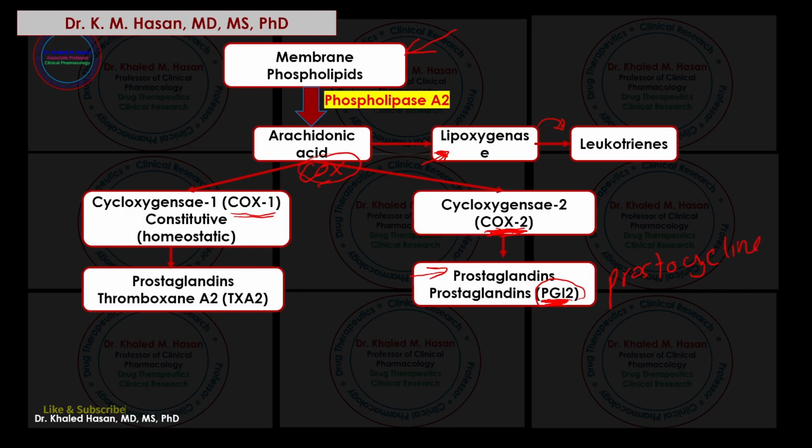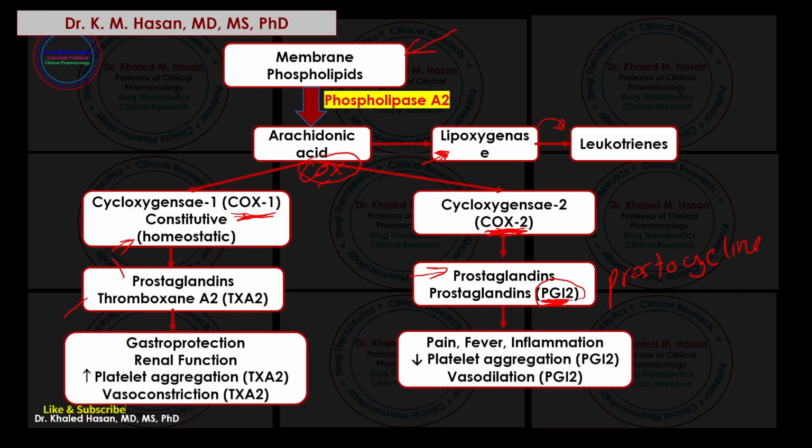Moving to cyclooxygenase 1, this is like a housekeeping or homeostatic mediator, responsible for formation of prostaglandin and thromboxane A2. They remind us that cyclooxygenase 2 is responsible for formation of prostaglandin.